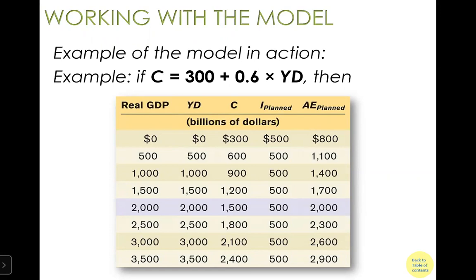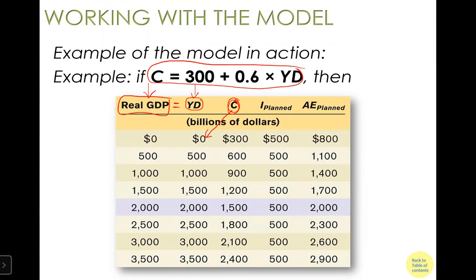Now we can work with this model by looking at an example. From the first column, we have real GDP. In the second column, we have disposable income. These must equal each other. Now we look at C. You can see C is going to adjust with YD, and it follows this rule, our consumption function.